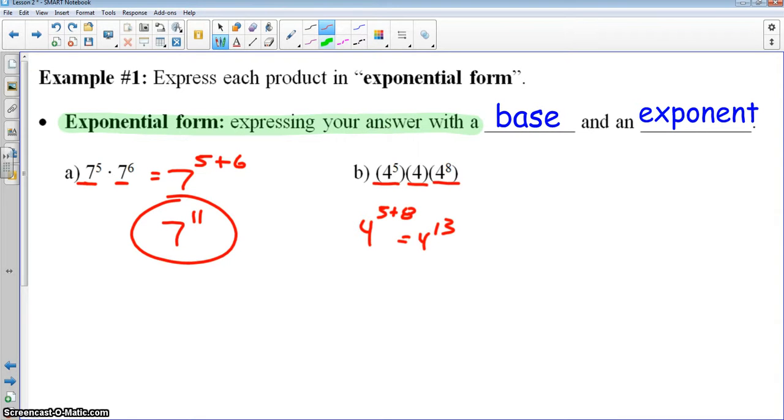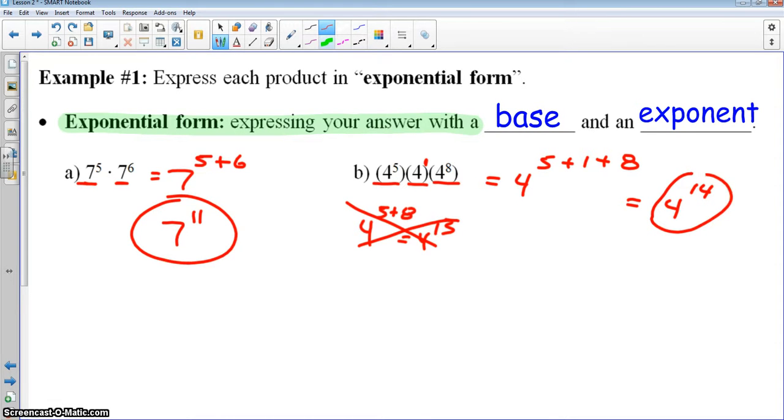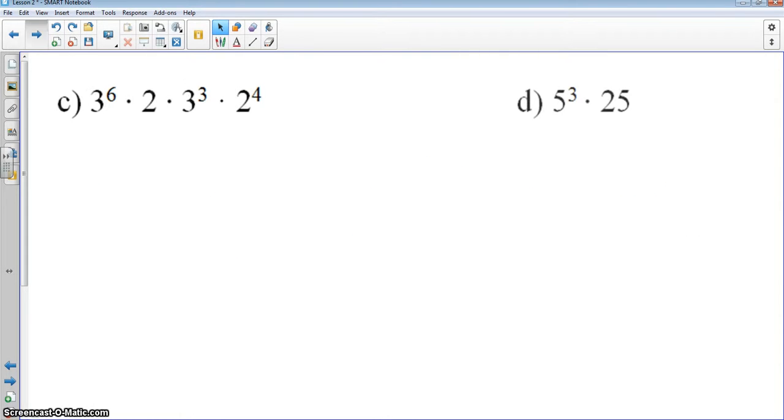Since 4 does not have an exponent, you need to know, and this is very important, anytime a number does not have an exponent, we could put a 1 there, because 4 is the same thing as 4 to the 1st power. Now, when we go to add our exponent, it's going to look like 4 to the 5 plus 1 plus 8. Therefore, we get 4 to the 14th power, and that is the correct answer. So we can't forget to put a little 1 up there if there is no exponent. Don't forget that.